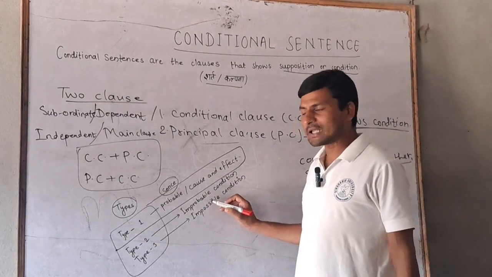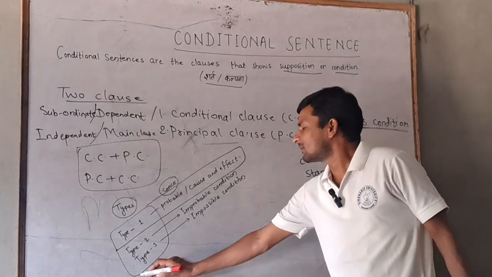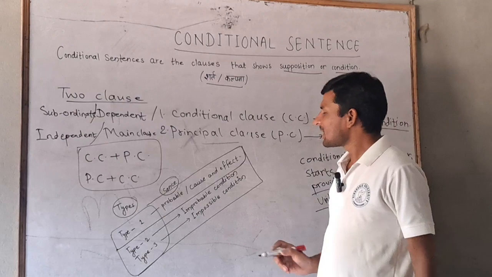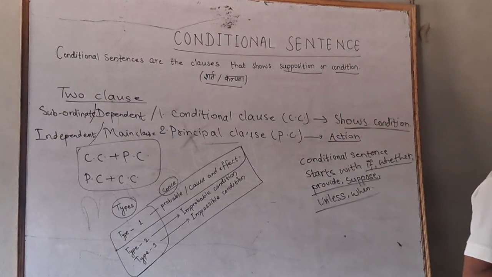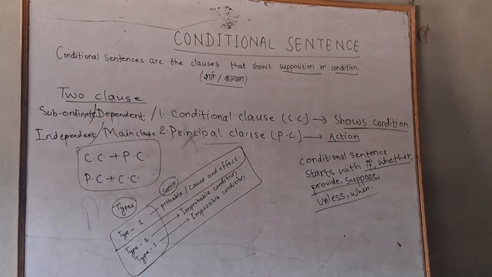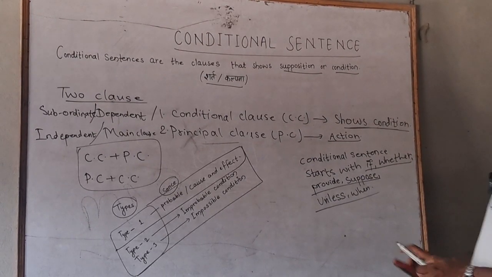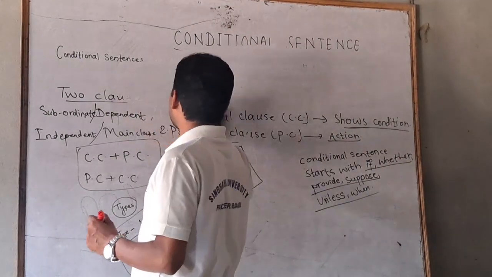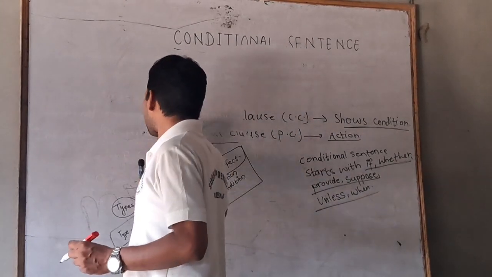Type 2 gives the sense of improbable condition. Type 3 gives the sense of impossible condition. Probable, improbable and impossible.